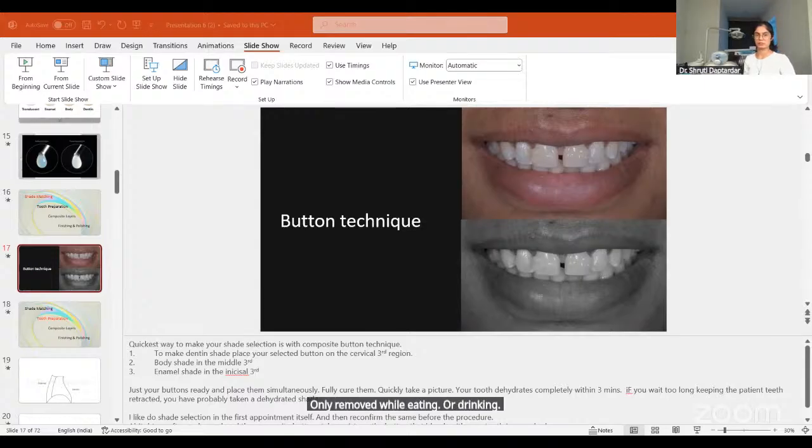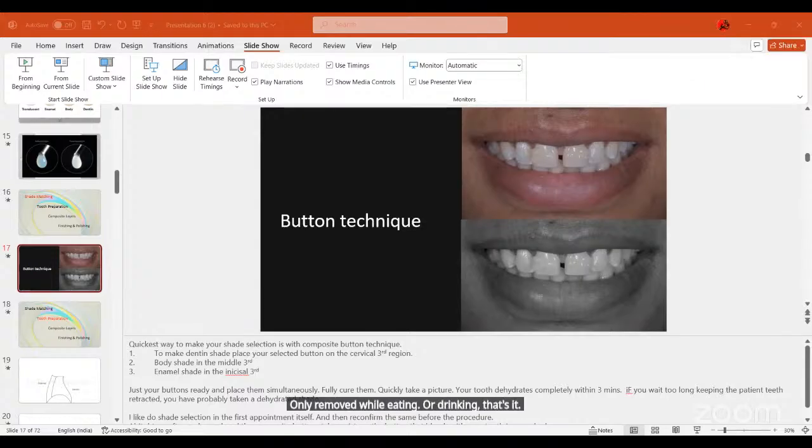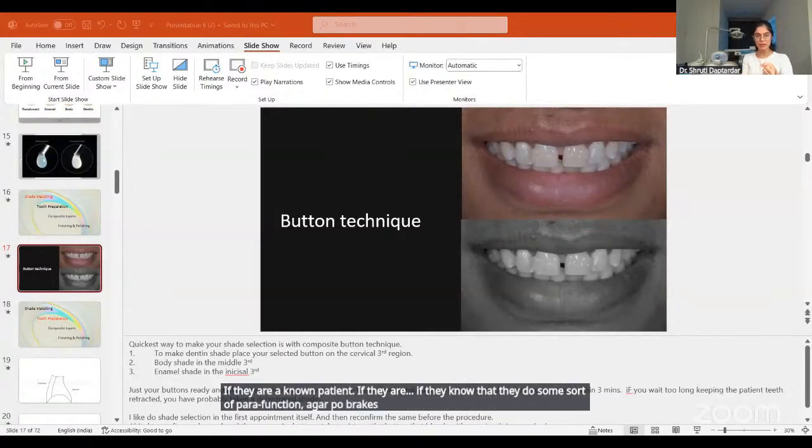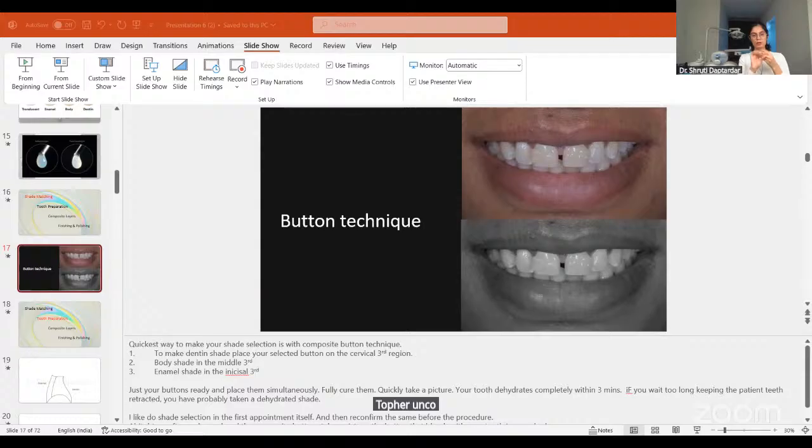That's it. And normal brushing habit. If they know that they do some sort of parafunction, if they are bruxing, clenching, grinding during the day, then they only have to remove the retainer while eating. If they don't, and there is nothing in the daytime, then overnight is enough.